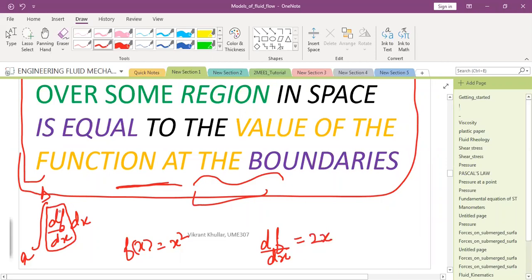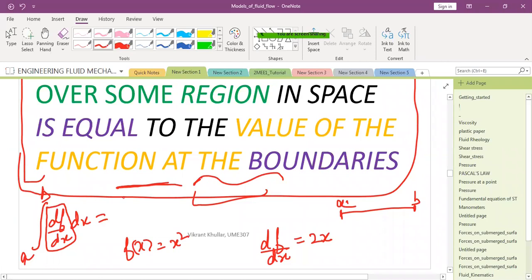Region in space का मतलब हुआ इस पाथ पे, is equal to the value of the function at the boundaries. किसी भी लाइन की बाउंड्री क्या होती है? अगर मैं कहूं this is the line, what is the boundary of the line? Starting and end points. End points. So these are the boundaries of the line.